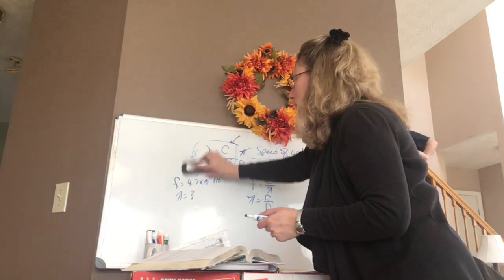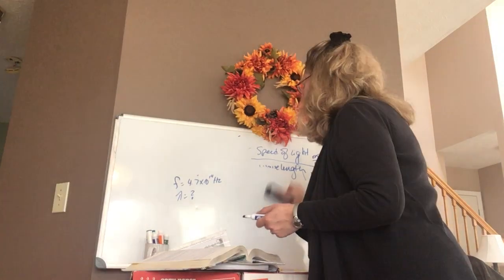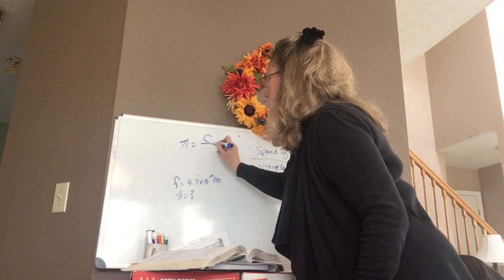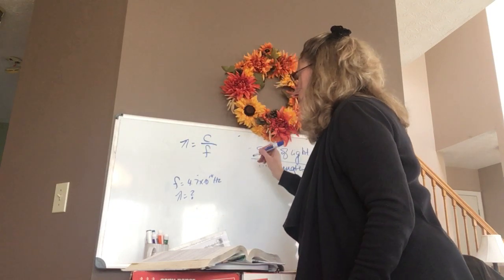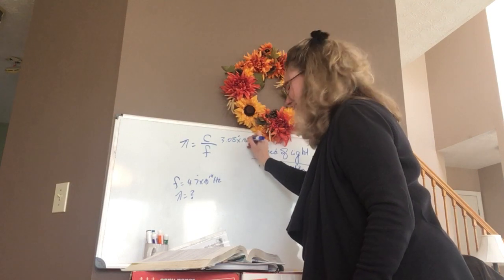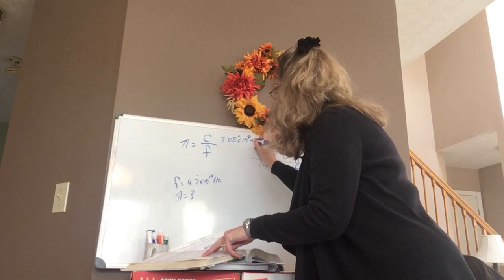Okay, so now they're giving us the frequency, and they want us to figure out the wavelength. So wavelength is going to be speed of light over frequency. Again, this is 3.0 times 10 to the 8th meters per second.